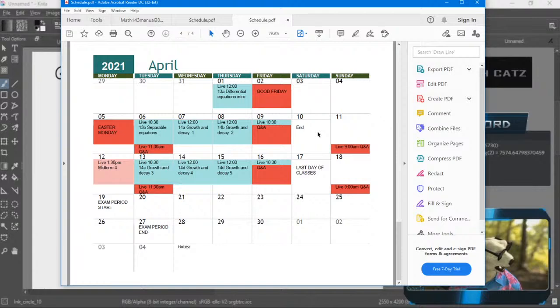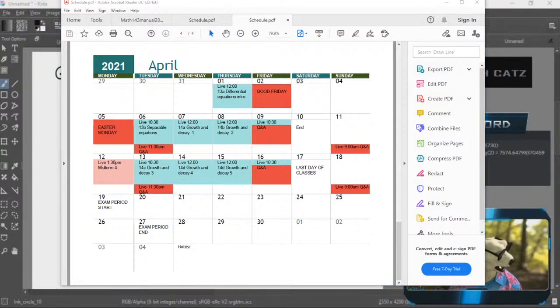There are more types of growth and decay problems we will do next week after midterm 4, and those may be covered in the final exam. But for now, we will pause to focus on midterm 4, which is on Monday. Tomorrow we will have a Q&A session for those that need it.